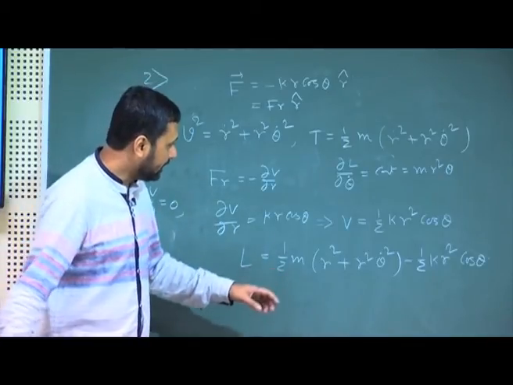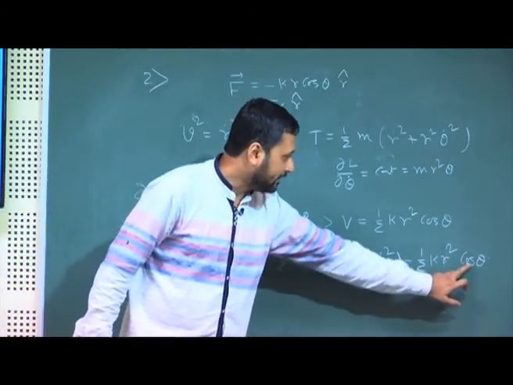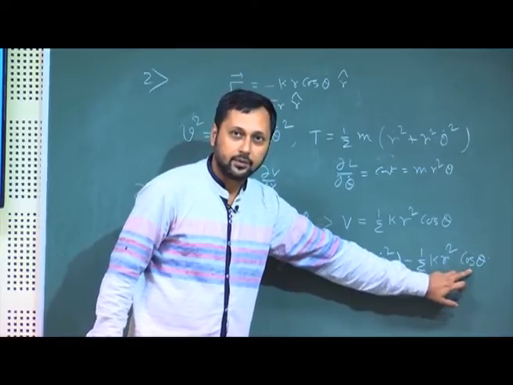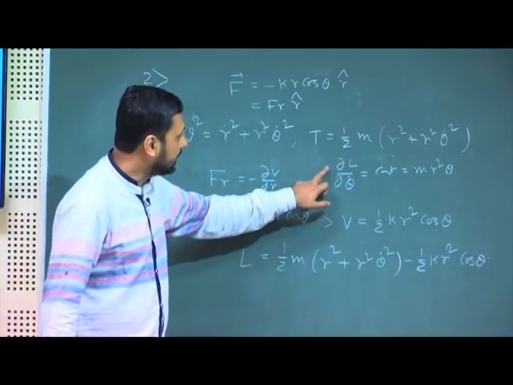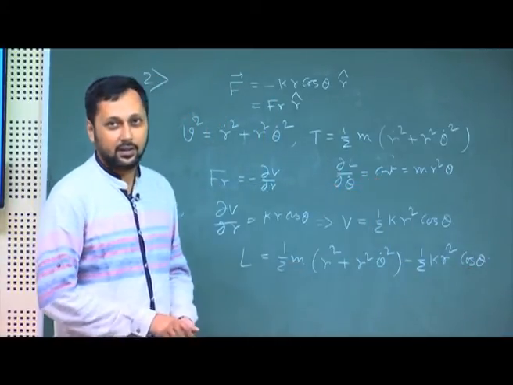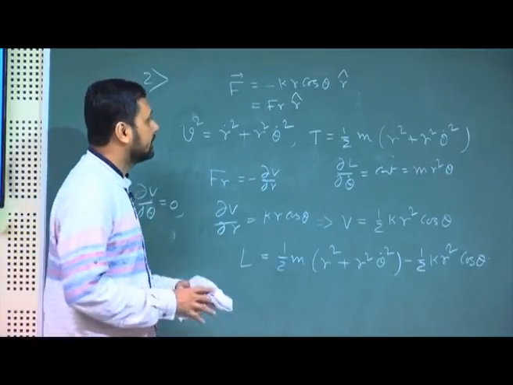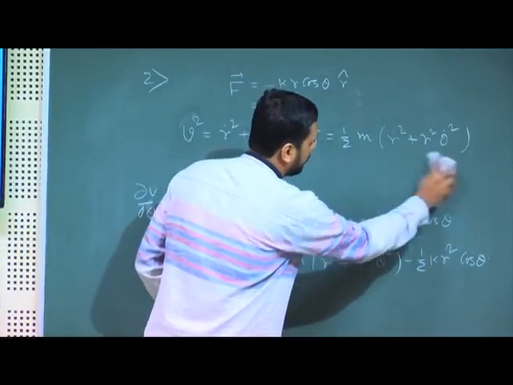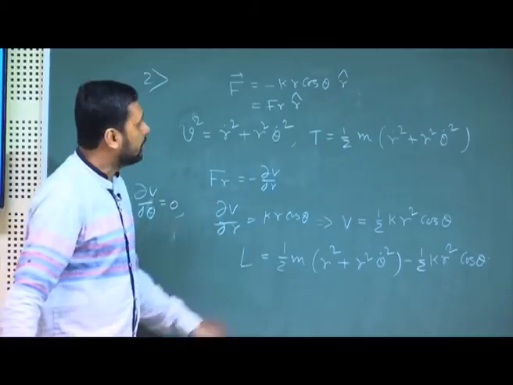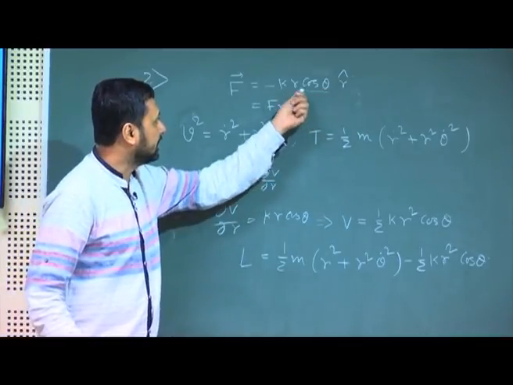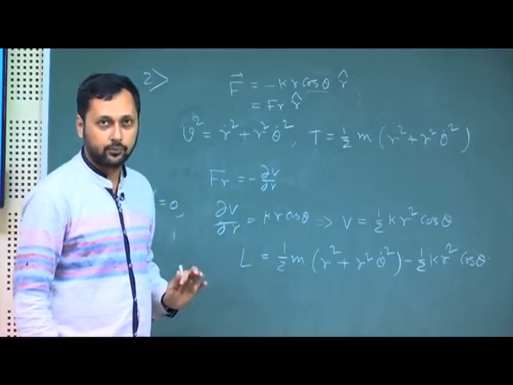But in this case, the Lagrangian is a function of theta. So, in this case, del L del theta dot will not be a constant. So, although this force field is radial in nature, because of this theta dependence, it is not a true central force.